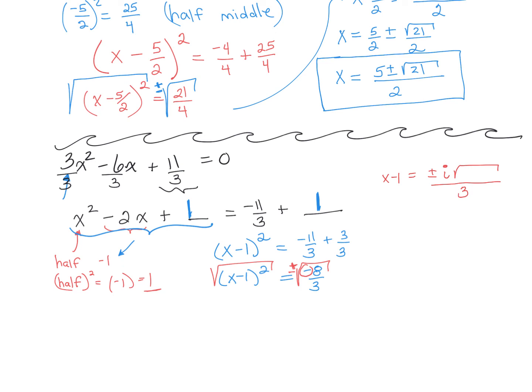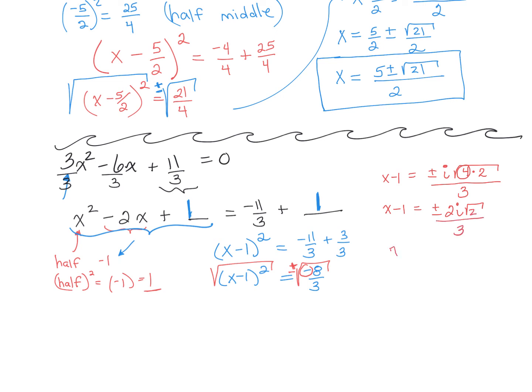And 8's not a perfect square, but it does have a perfect square factor, so I'm going to write it as 4 times 2. And let's simplify that right-hand side. So we're going to get plus or minus. We'll bring this square root of 4 out and get 2i root 2 all over 3.